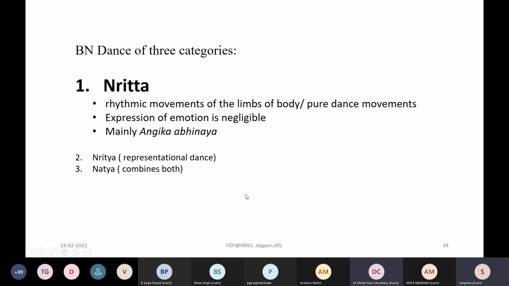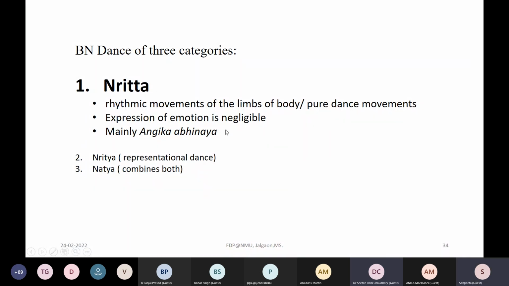So by further reading, I came across 3 categories: Nritta, Nritya, and Natya. Now, this is of interest to me because these are rhythmic movements of the limbs of the body, and these are called pure dance movements.